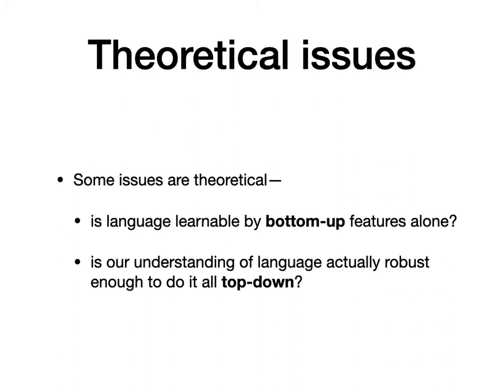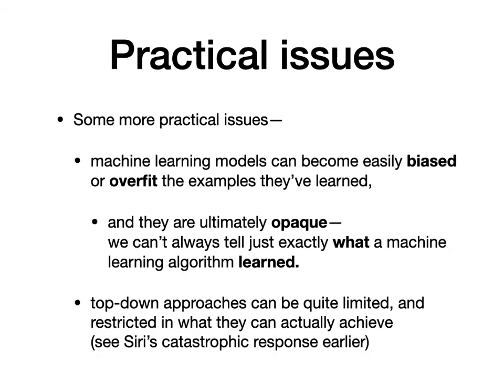Or is our actual current understanding of language robust enough to do it all in the top-down way? Do we actually know every process of language? Are there things that we're leaving on the table by ignoring the bottom-up data processing type thing? Of course, the answer to both of these is yes and no, right? But moving forward with the same questions, there are practical issues too.